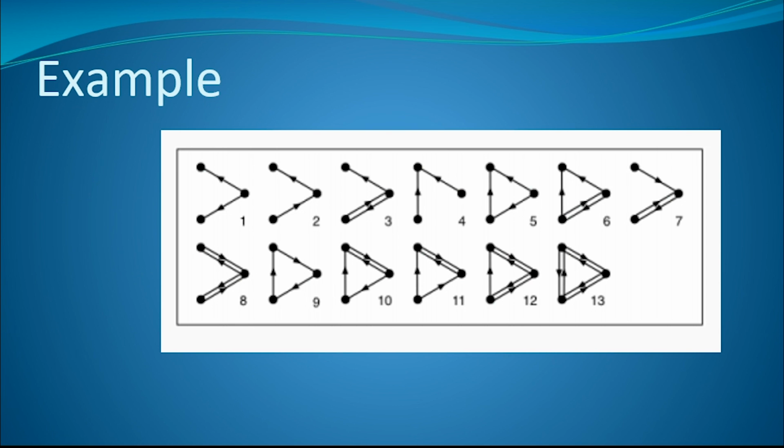These are some of the possible motifs between 3 vertices. When you have 4 and more vertices, you can define more motifs. So identifying motifs is very important in networks.